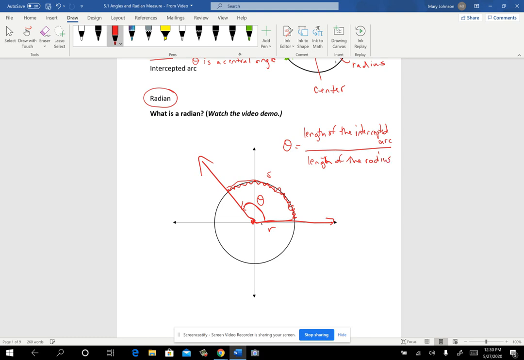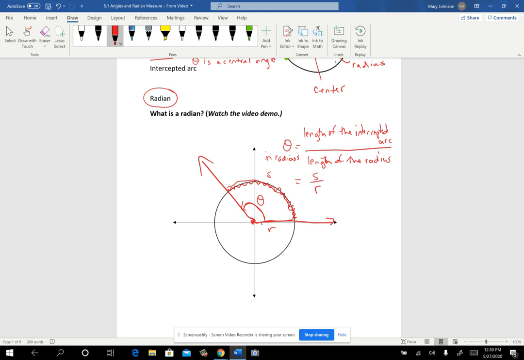That would be theta in radians. So in this case, it would be whatever the length of the intercepted arc is divided by r. And that would be theta in radians, okay? Let me write that here. Okay, so it would be the length of the intercepted arc divided by r.